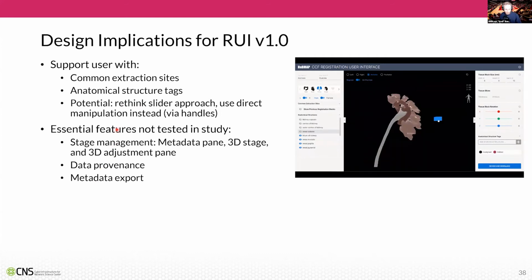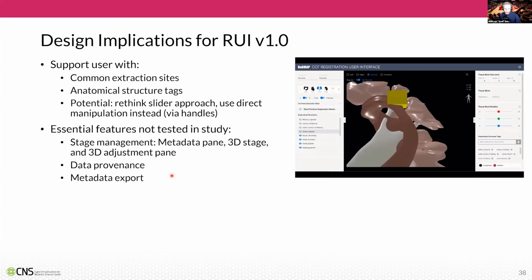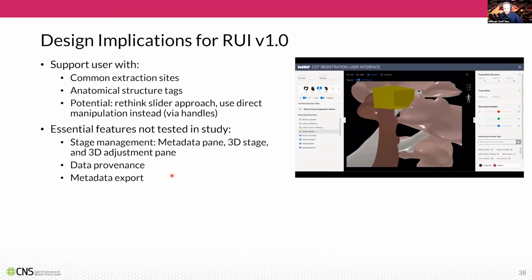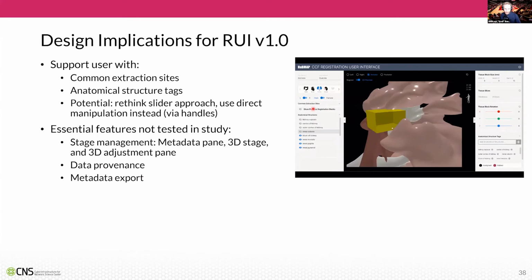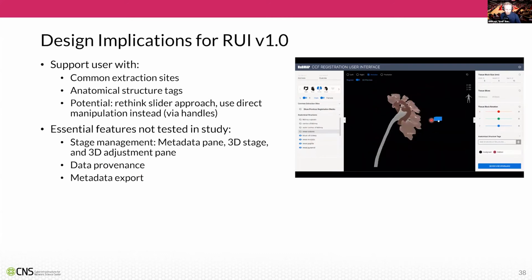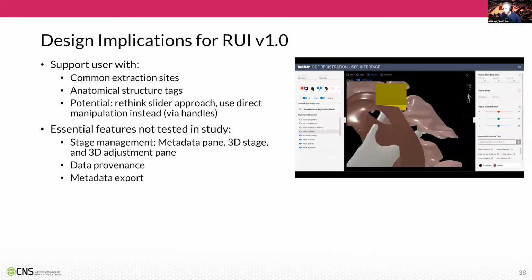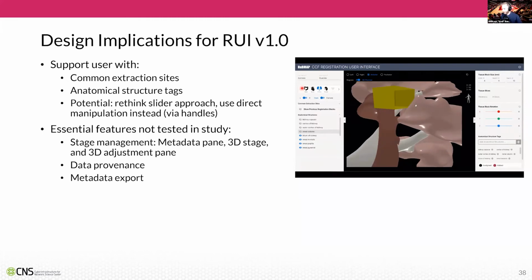There are, of course, also essential features that we did not test in the study, and I have to really emphasize how important that is. For example, the RUI has a pretty intricate stage management. We have a metadata pane on the left, a 3D stage in the middle, and a 3D adjustment pane on the right. There was no metadata pane like this in the RUI that we tested, because it didn't exist in the RUI prototype.